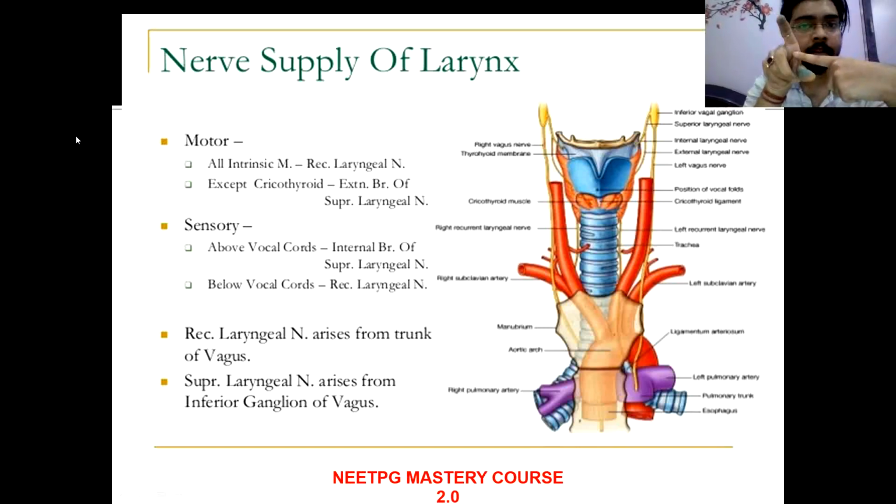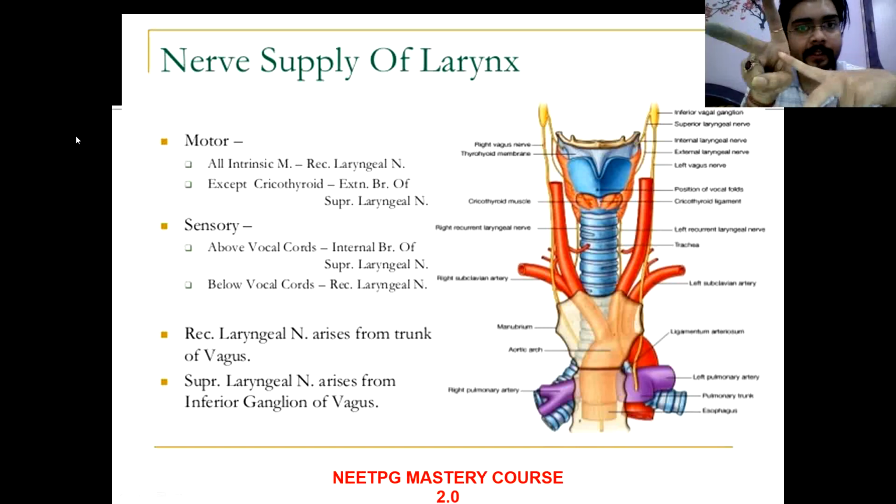The internal laryngeal nerve is a sensory branch which pierces the thyrohyoid membrane and supplies the upper part of the larynx, that is, above the vocal cords. Below the vocal cords, the sensory supply is by the recurrent laryngeal nerve.